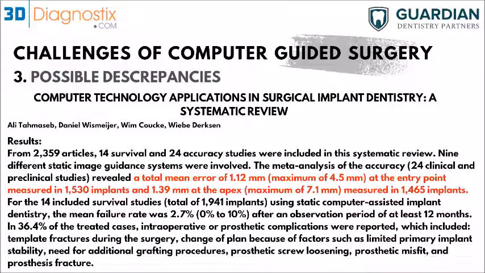If you have the sleeve way up top, then the point of entry would be different, either mesial or distal. They found it's around 1.12 millimeters at the entry point, and around 1.39 millimeters at the apical third. This would be the average distance that the apical third of the osteotomy would shift towards the left or the right, or even buccal or lingual.